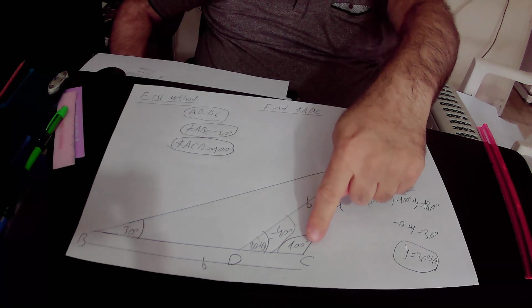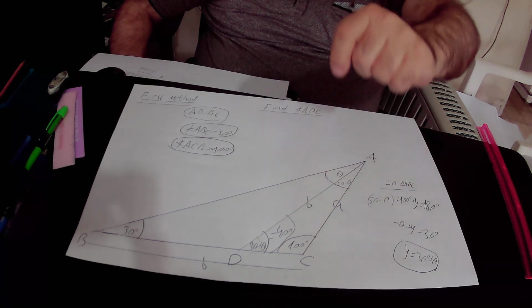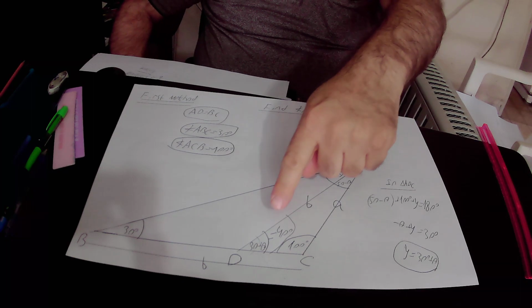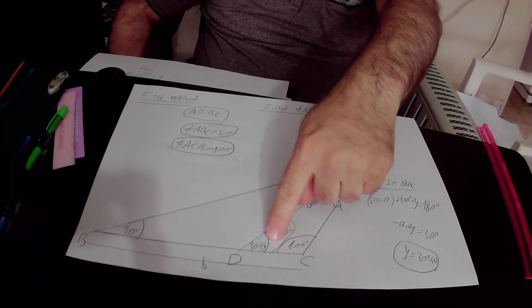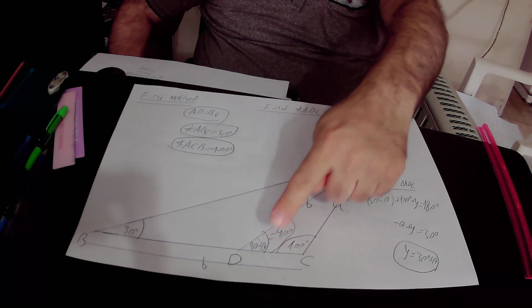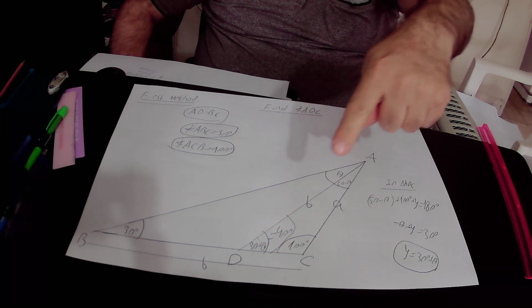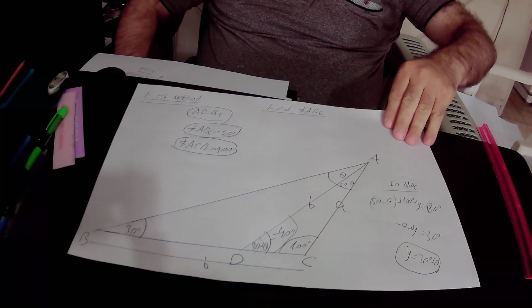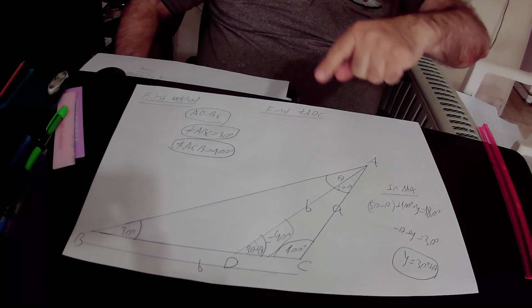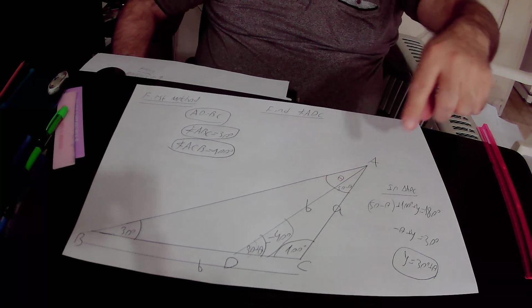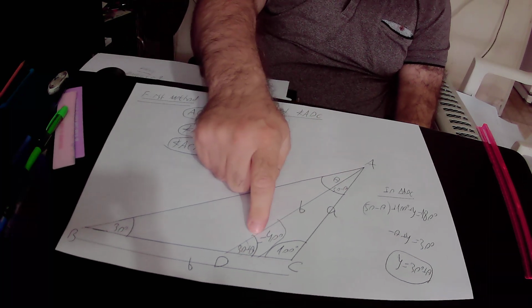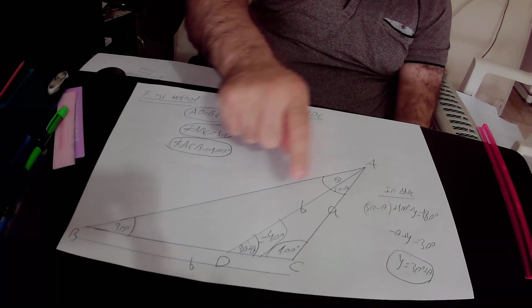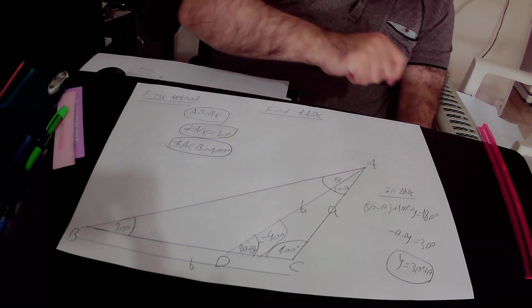This angle equals 100 degrees, it is given in the question. This is the missing angle, the angle that we are looking for. If we define this angle as angle Y, then 50 degrees minus theta plus angle Y plus 100 degrees must equal 180 degrees.